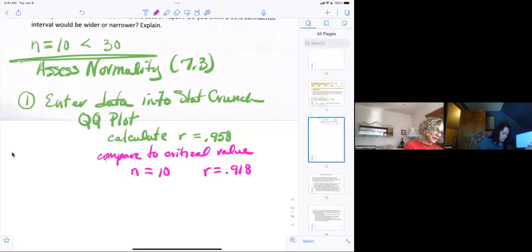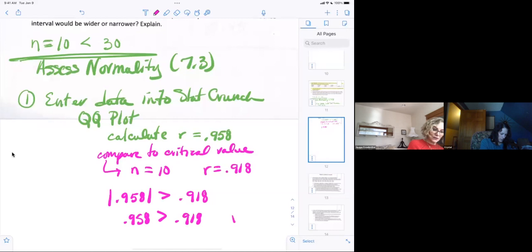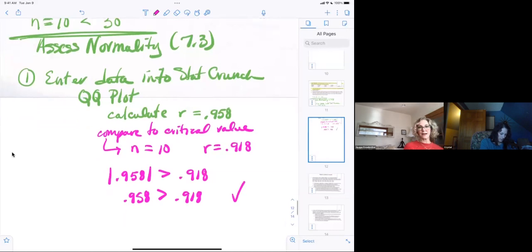Okay, so that goes as your critical value. When you compare it, you're looking at the absolute value of your calculated R to make sure that it's greater than the critical value. So 0.958 is greater than 0.918. So we would assume normality there.